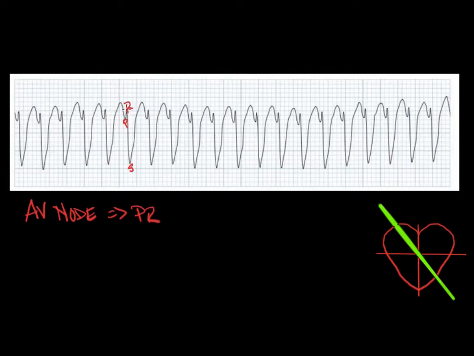Our next question would have been, if we had a PR interval, is it normal, and is that interval consistent? So without any P waves or any PR interval, what we can say is that atrial conduction is not happening prior to the ventricles. There's no conduction above the ventricles.